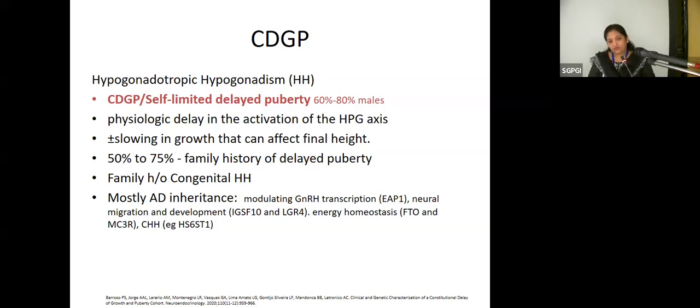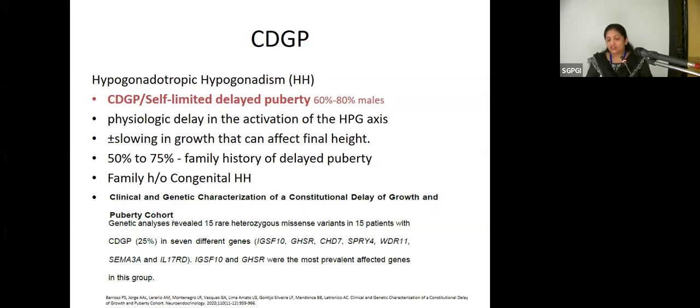Even CDGP is thought to have an autosomal dominant inheritance, and genetic variations. In a Brazilian CDGP cohort, children had heterogeneous missense variants in several CHH genes, of which IGSF10 and GHSR were the most prevalent affected genes.